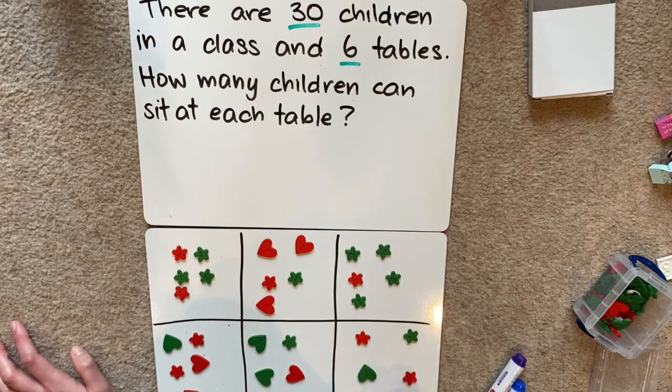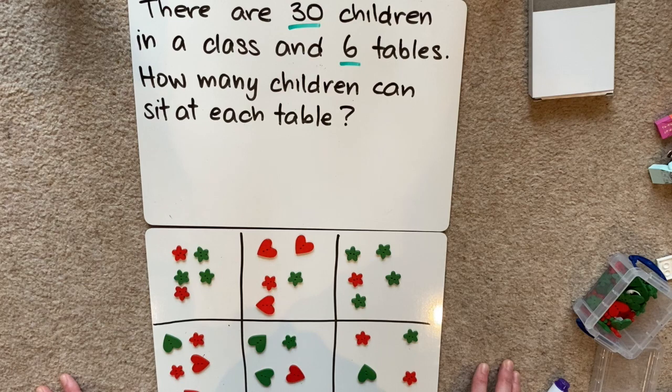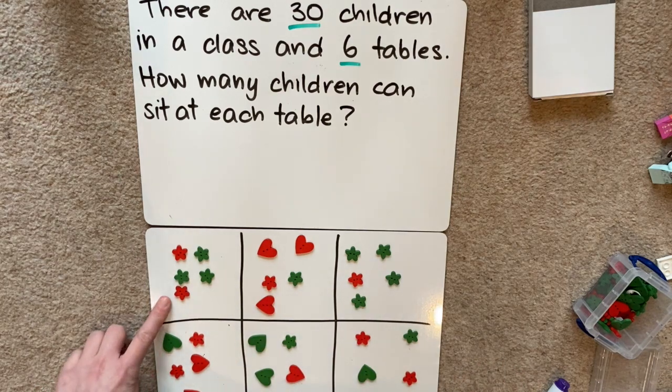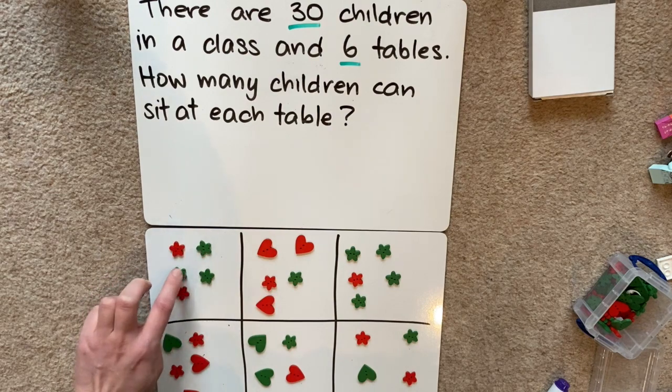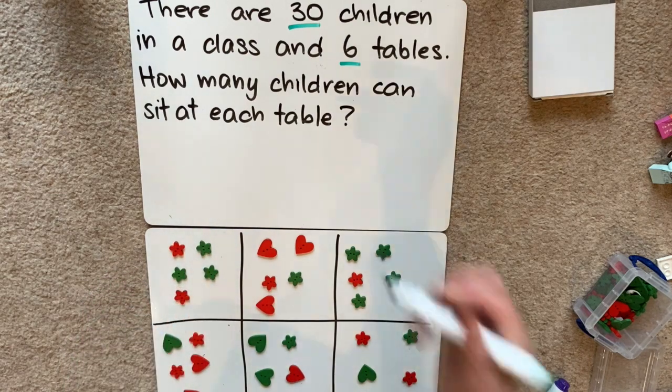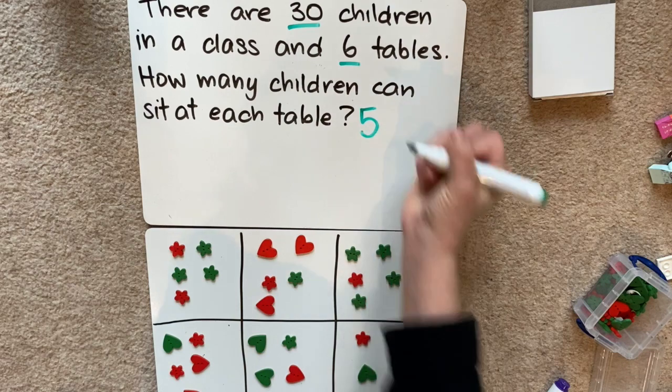Okay, so I've split my 30 children into 6 tables. How many children are sitting at each table? Each table has 1, 2, 3, 4, 5. 5 children at each table.